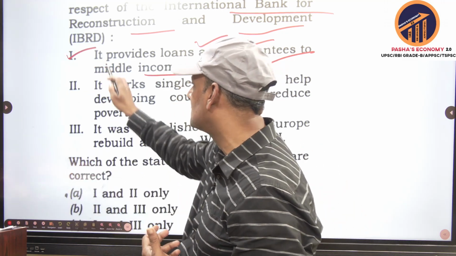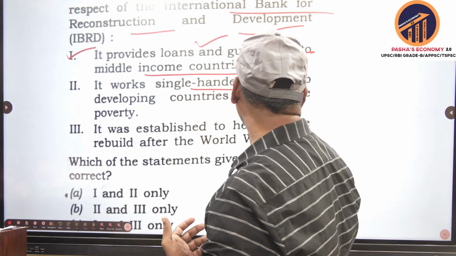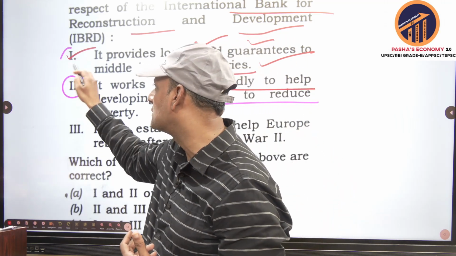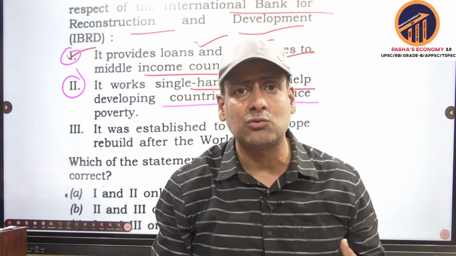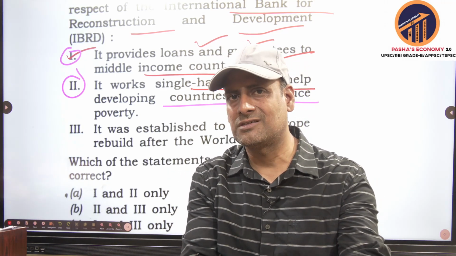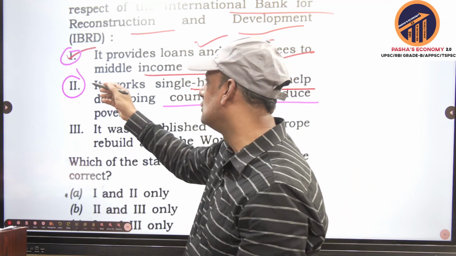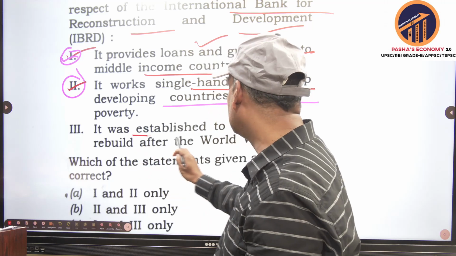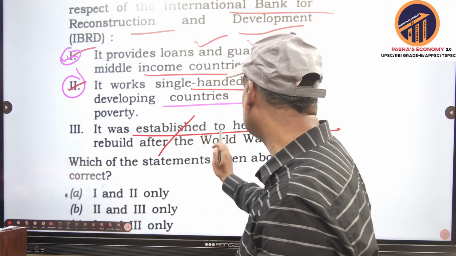It provides financial assistance to help developing countries reduce poverty. On October 17, the World Bank observes World Poverty Day, releasing poverty estimations. Clear? These two statements are absolutely right. The third statement says it was established to help Europe rebuild after World War II.